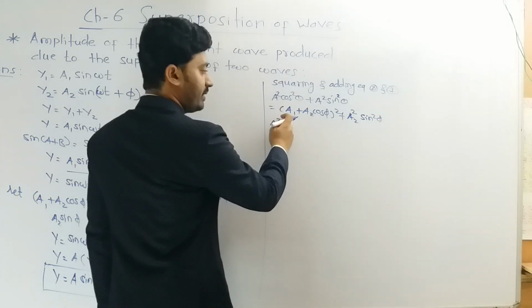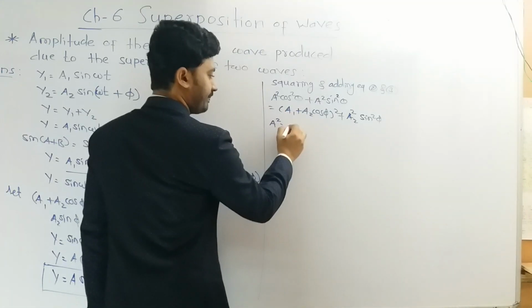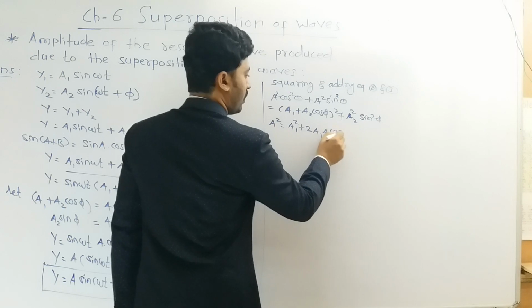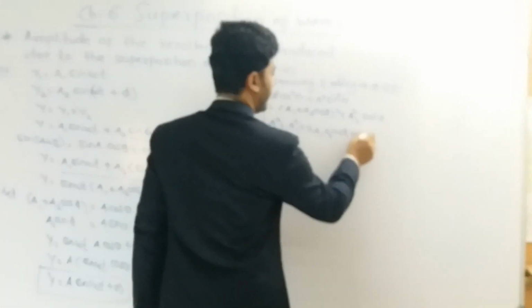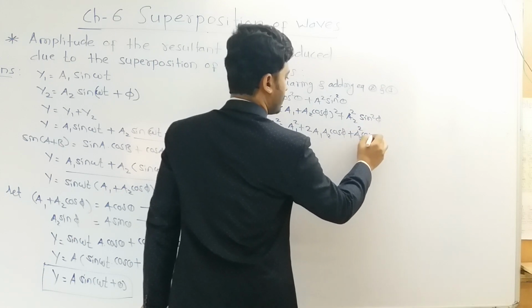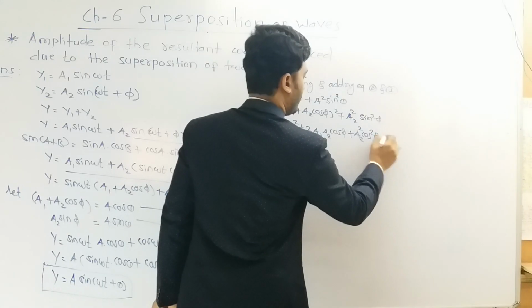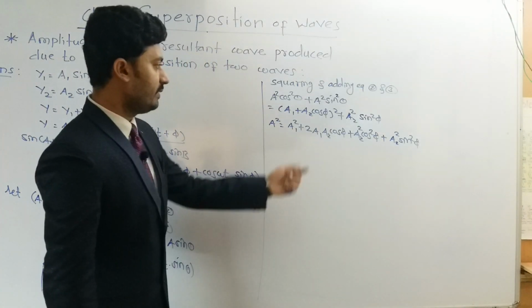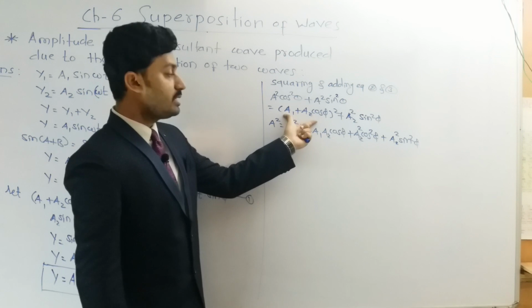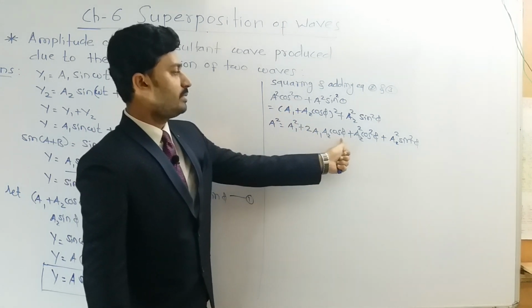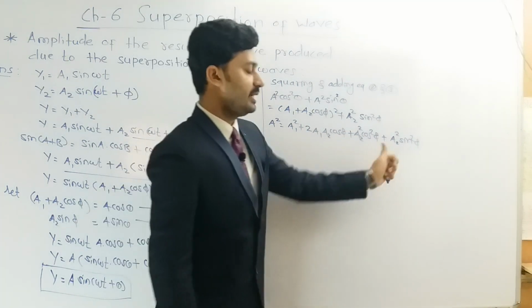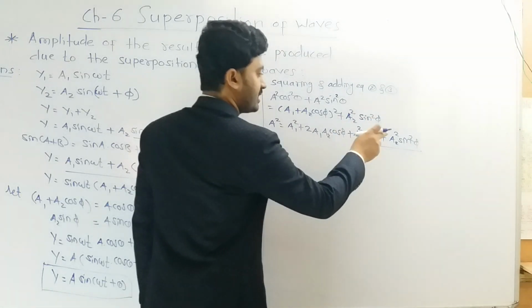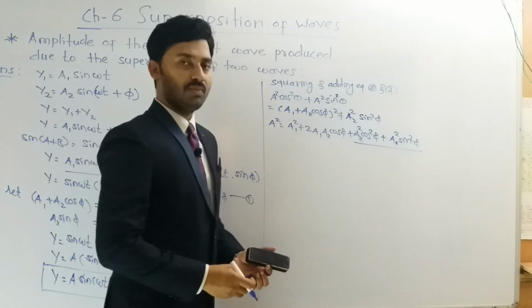You know that a square plus 2ab plus b square: a1 square plus 2 a1 a2 cos phi plus a2 square cos square phi, and plus this will remain as it is, a2 square sine square phi. Here we have used the formula (a plus b) square. Now look at the last two terms. Here again a2 square is the common factor, and sine square phi plus cos square phi is 1.